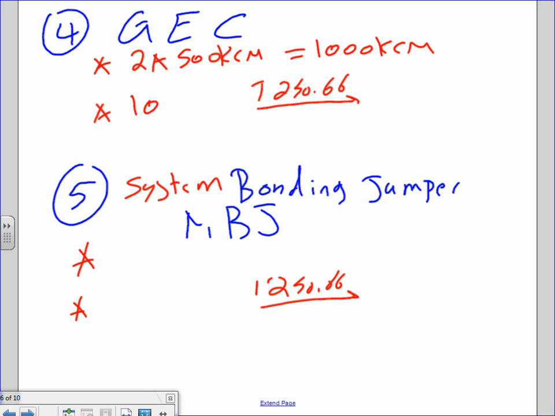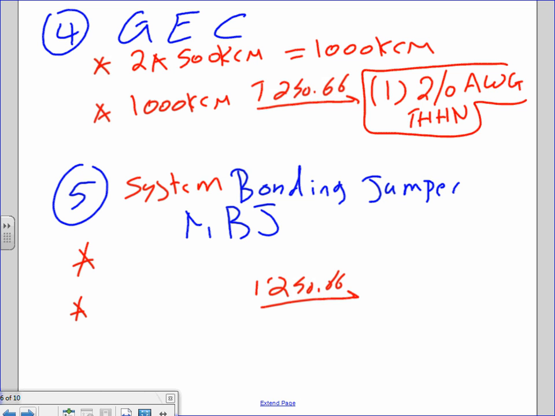Then you take your 1000 kcmil to 250.66, add them, my friend, and you've got yourself a healthy 1 aught AWG THHN, bare or insulated. You don't have to have insulated. You can have it bare or covered. Okay, so that's the grounding electrode conductor.